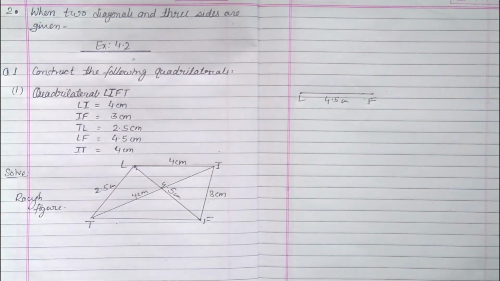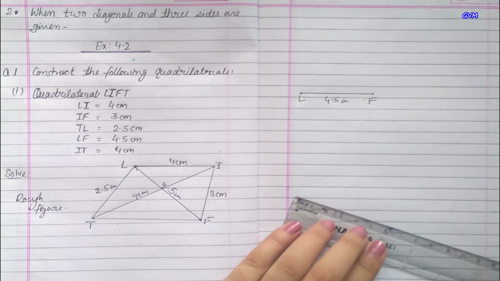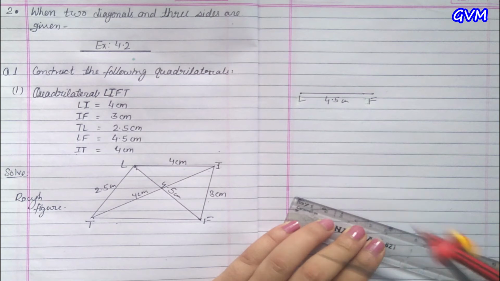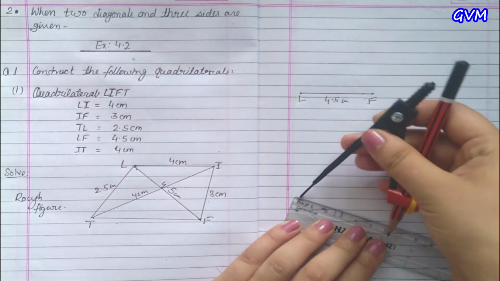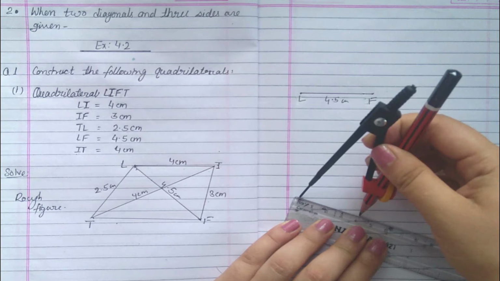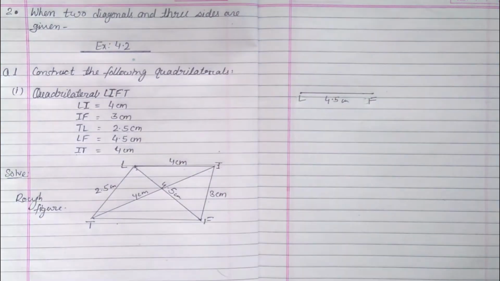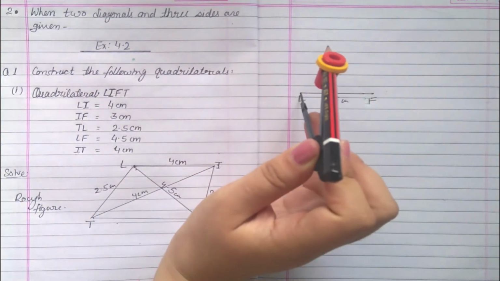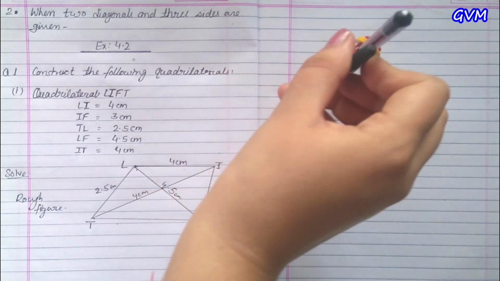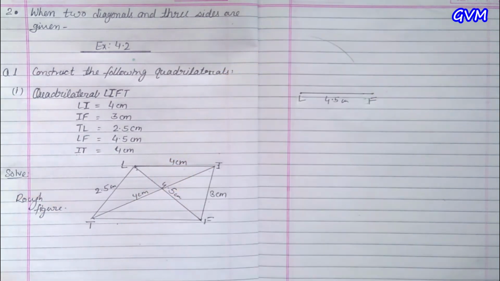Take the compass and ruler. Since we have LI 4 centimeter, put the needle at 0 and take a measurement of 4 centimeter. Put the needle at L and mark an arc.